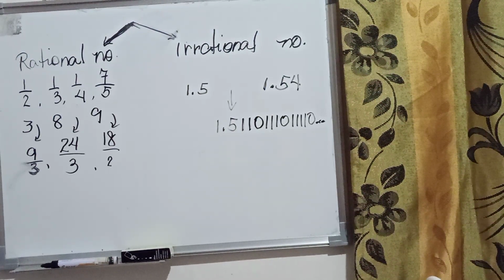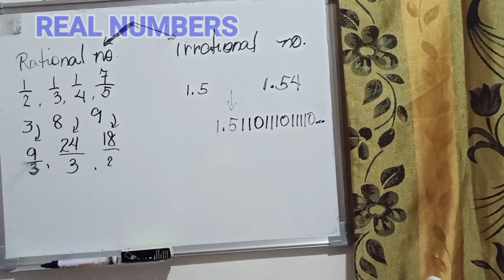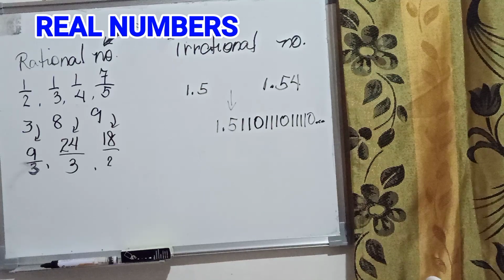So I hope this time you know already how to identify a rational number from our irrational numbers. And once more, a combination of these two is what we call now our real numbers.